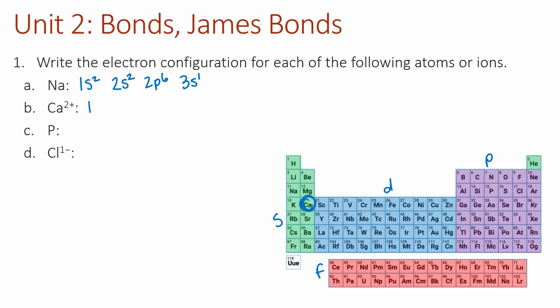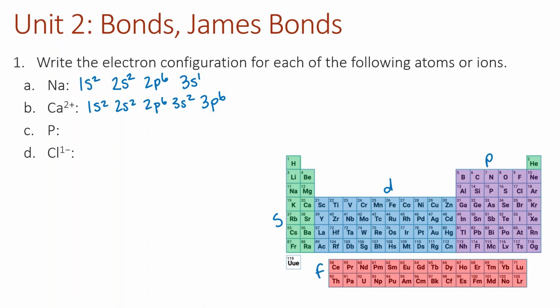So I'm going to go ahead and do my configuration for calcium. So down here to 3s2, come across, this is 3p6. And then normally I would have 4s2, but since this is calcium plus 2, we've actually lost those 2 valence electrons.